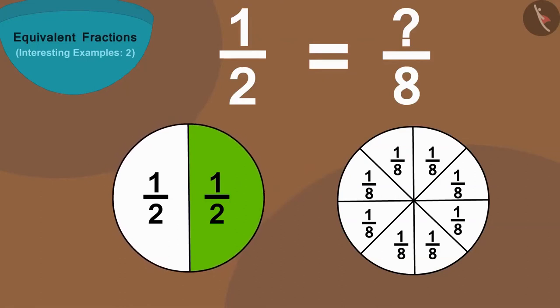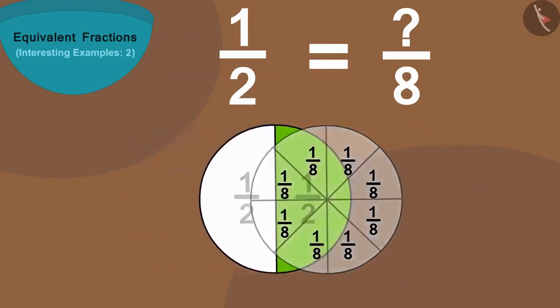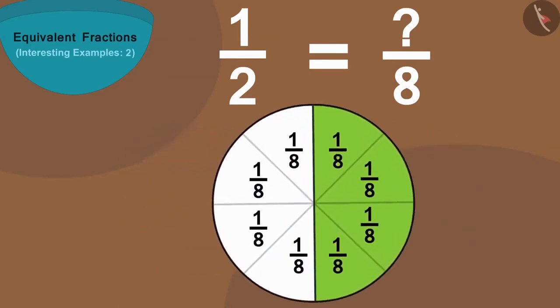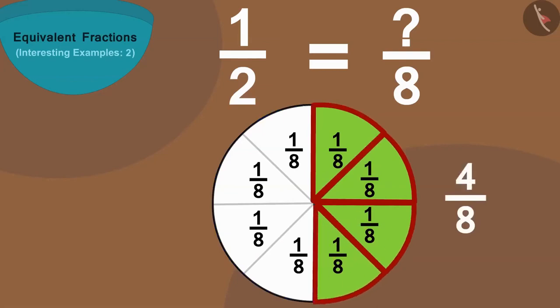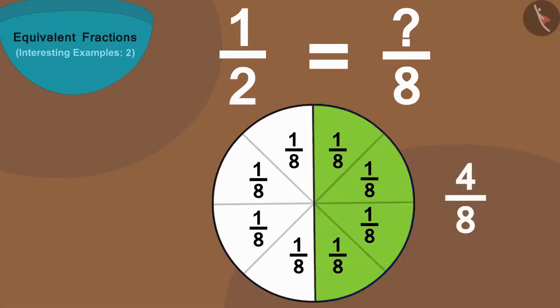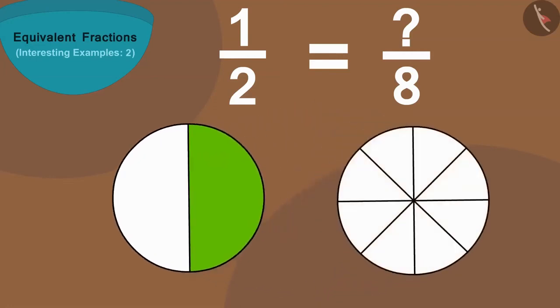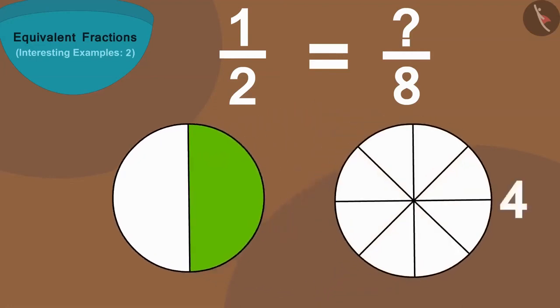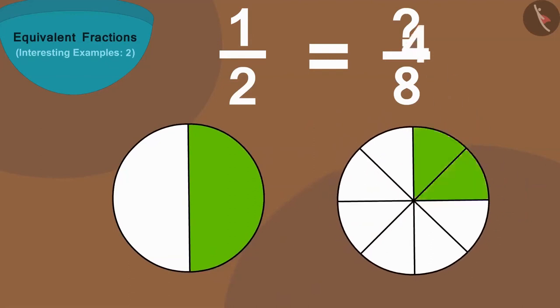If we put these on top of each other, then we can see that 8 parts of this circle are equal to 2 parts of the first circle, and 4 parts of this circle is equal to 1 colored part of the first circle. Therefore, we will color in 4 parts of this circle.